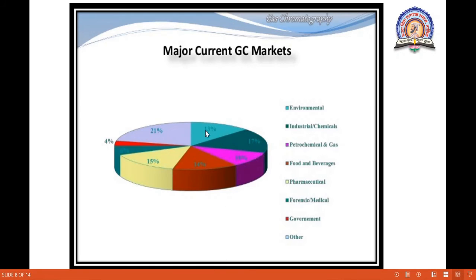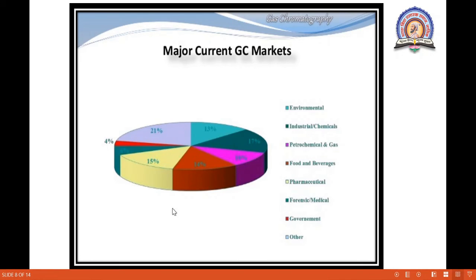This one is 13% environmental application, then 17% industrial and chemicals application, then 10% petrochemical and gas application, then 14% food and beverages application, 15% pharmaceutical application, 6% forensic or medical application, 4% government application, and 20% other applications.